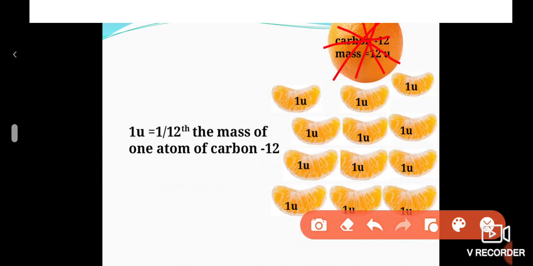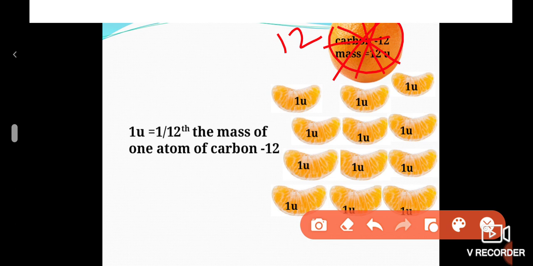The mass of the carbon atom is 12. We divide this carbon 12 atom into 12 pieces. Now, each piece has what mass? 1. We divide carbon 12 into 12 equal pieces, and each piece has the mass 1 U.